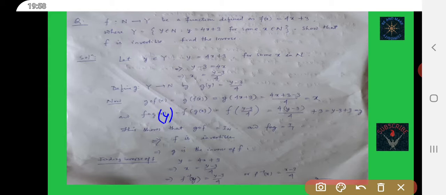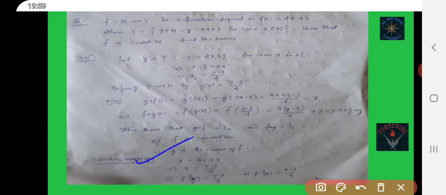By mistake I have written x, here y. So two conditions are satisfied, that is gof is equal to I_N, fog is equal to I_Y. So f is an invertible function. So g is the inverse of f.